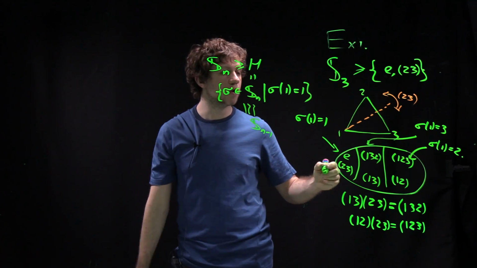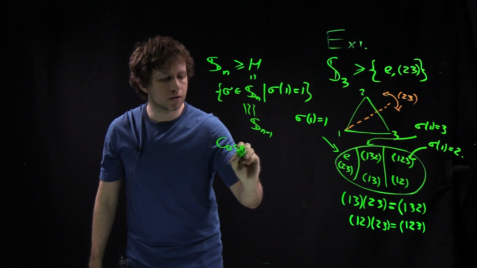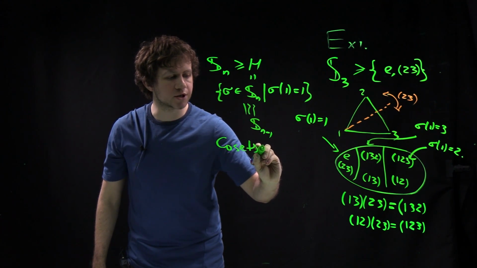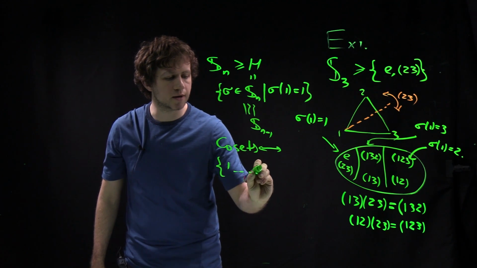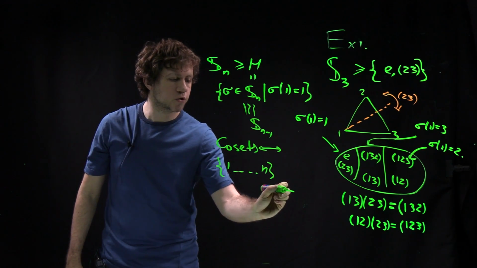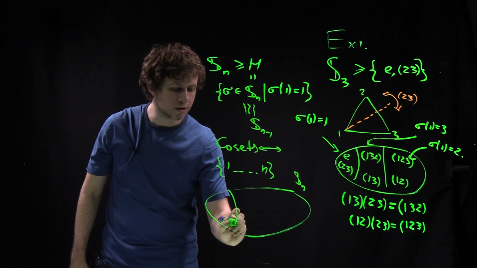And then you can look at cosets. And actually cosets are just in bijection, in one-to-one correspondence, with elements 1 to n. And so your Sn group is partitioned into classes.